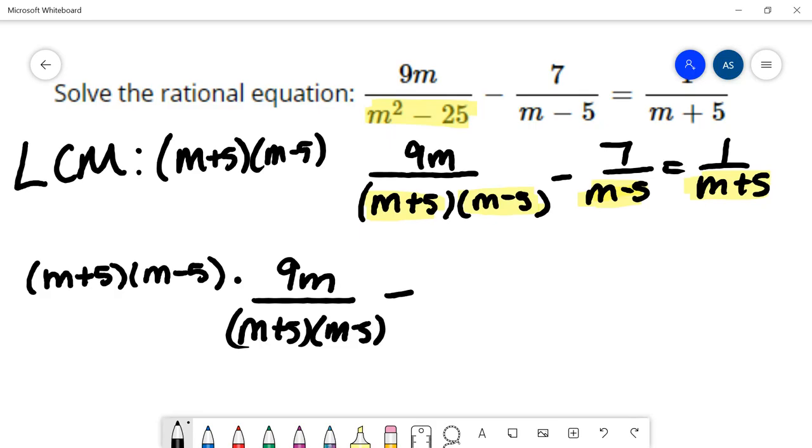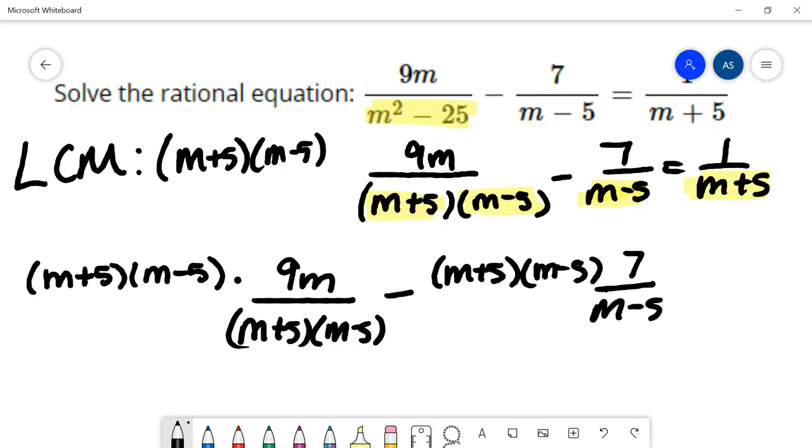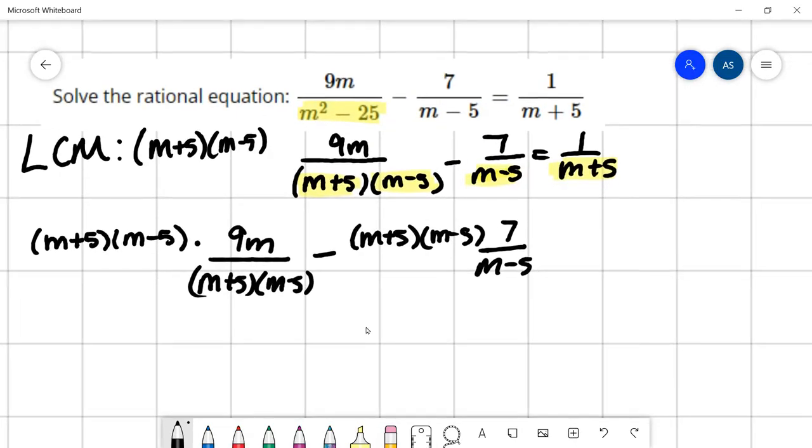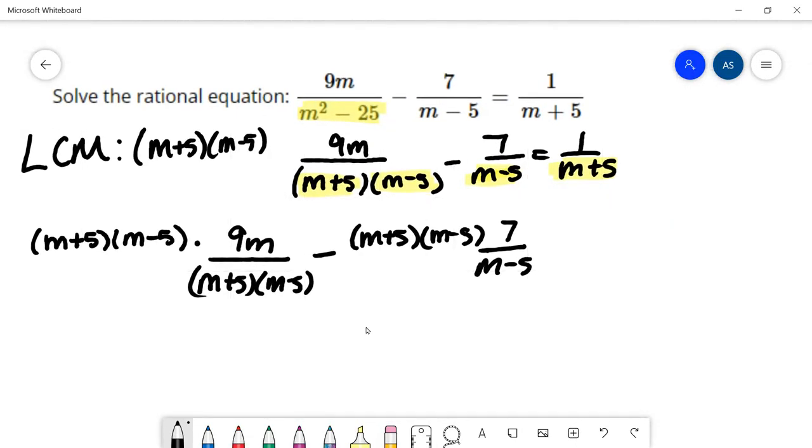Then we take our second term and multiply by that least common multiple, m plus 5 times m minus 5, multiplied by 7 over m minus 5. Let me zoom out a little bit. And then we're going to multiply that least common multiple, m plus 5 times m minus 5, times the last term, 1 over m plus 5.